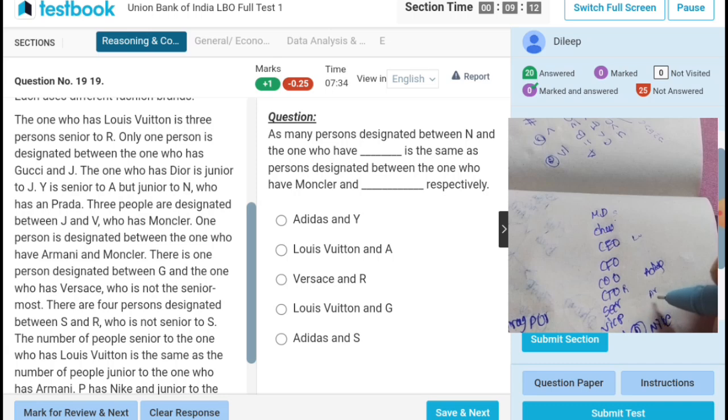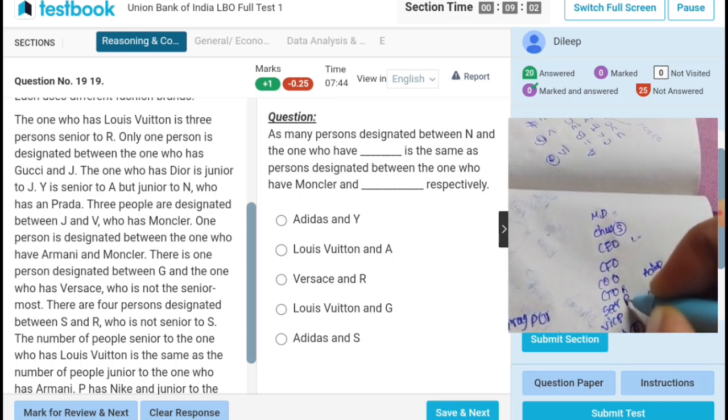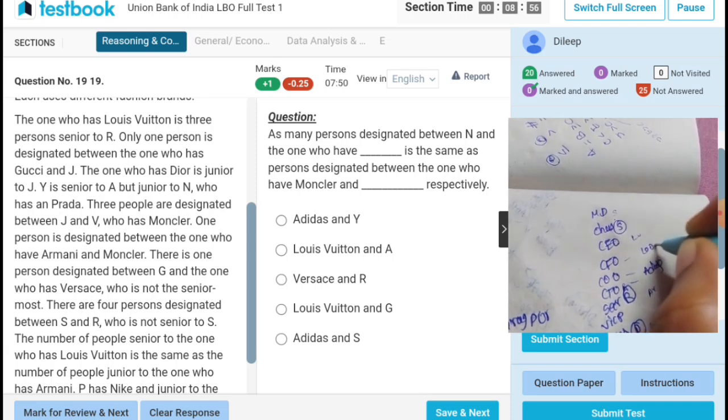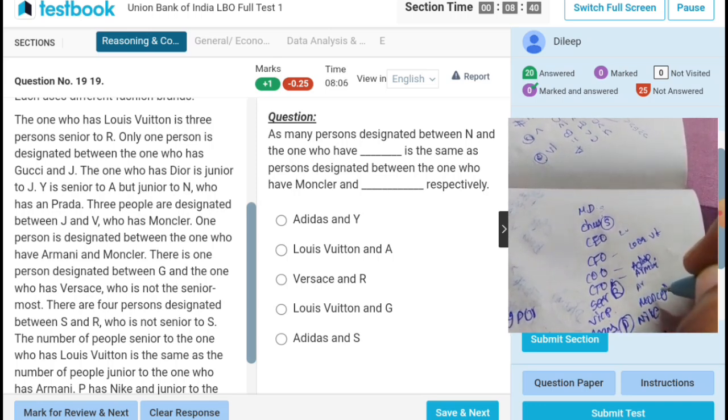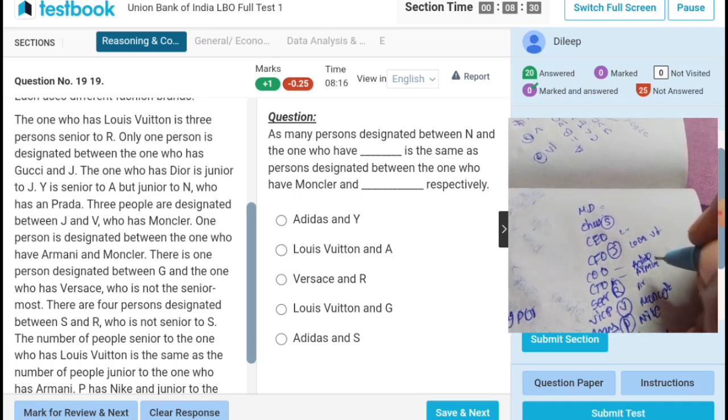One person between the R. So 1, 2, 3. So on money. V, 1, 2, 3 J. Only one person between the C. Okay.